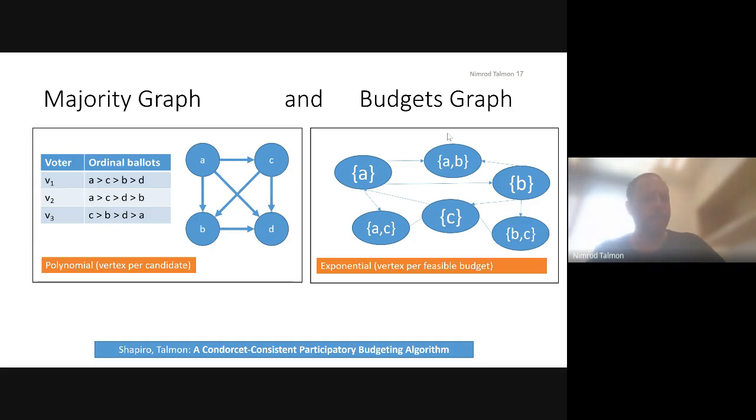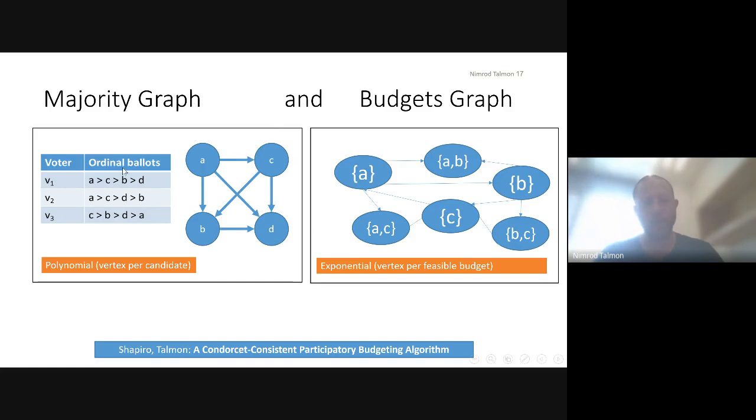So first, you see that if voters provide ordinal preferences, they provide ordinal preferences over the candidates. So basically, they rank the candidates. And now to build this tournament over the bundles, we need first to be able to compute or to infer whether a voter prefers one bundle over the other.